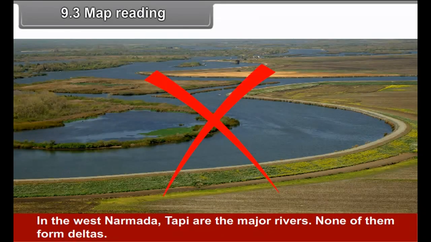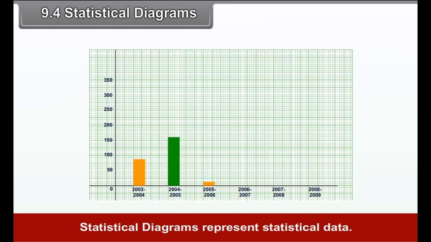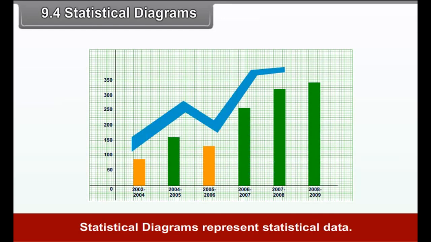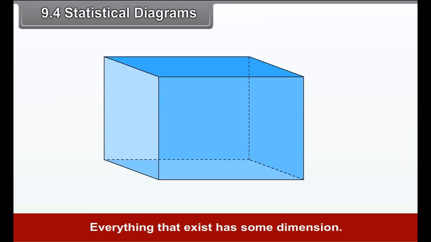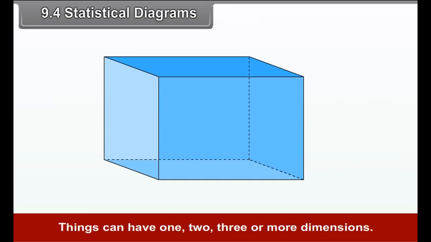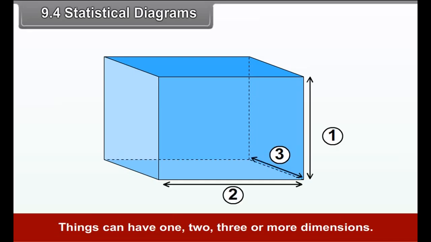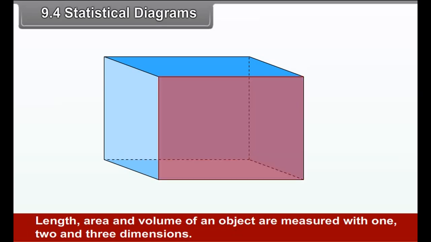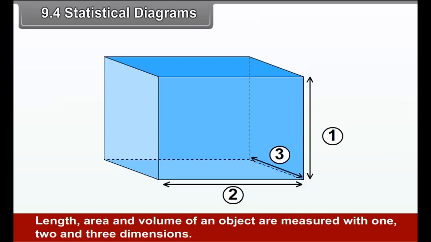Brahmaputra flows from east to west in Assam Valley of India. Mahanadi, Godavari, Krishna, Kaveri and many other small rivers originating in the plateau region flow in a west to east direction. Most of them make huge deltas. In the west, Narmada and Tapi are the major rivers. None of them form deltas.